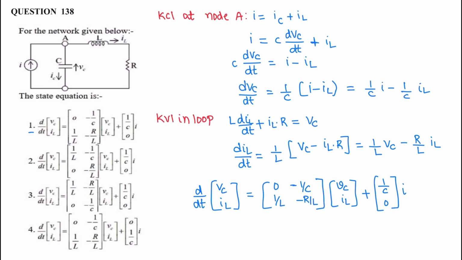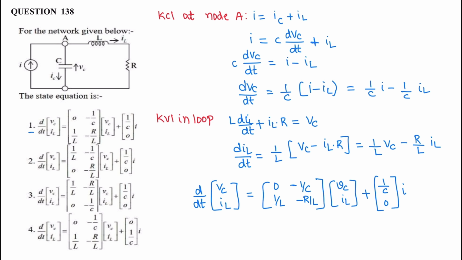Similarly, write KVL in this loop. Voltage Vc is equal to voltage across the inductor plus voltage drop across the resistor. That is L dIL by dt plus IL into R is equal to Vc. So from this, dIL by dt is equal to 1 by L Vc minus R by L IL.